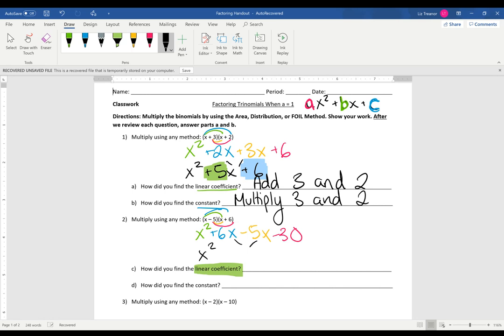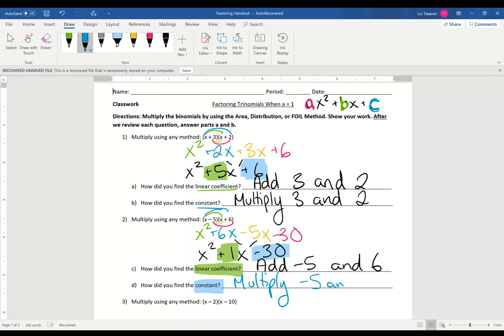So you get x squared plus x, and you can put a 1 here, minus 30. So how did we get this linear coefficient of 1? We added negative 5 and 6. And how did we get the constant of negative 30? We multiplied negative 5 and 6.